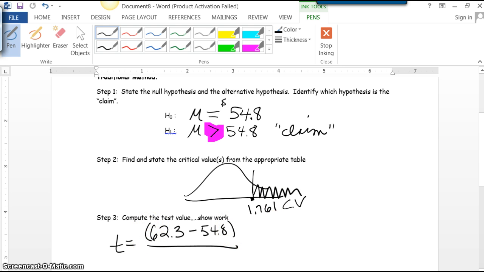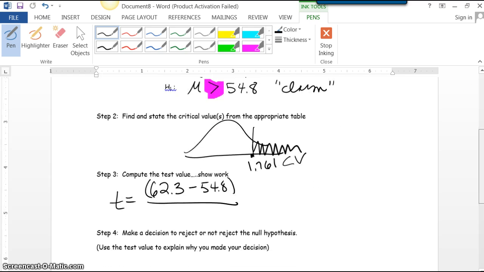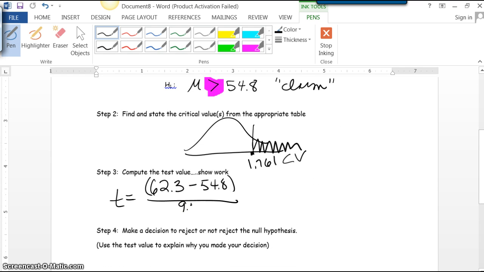You put that over the sample standard deviation, which is this 9.5, over the square root of the sample size, which is the 15. When you put that in your calculator, you get a 3.058. That's clearly over here in the critical region. It's a lot larger than the critical value.